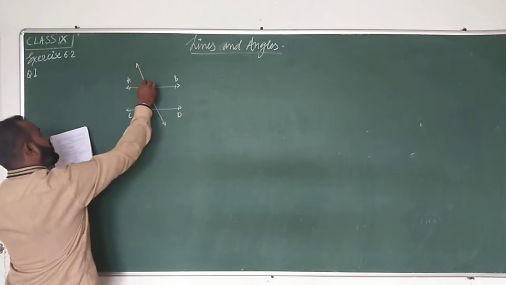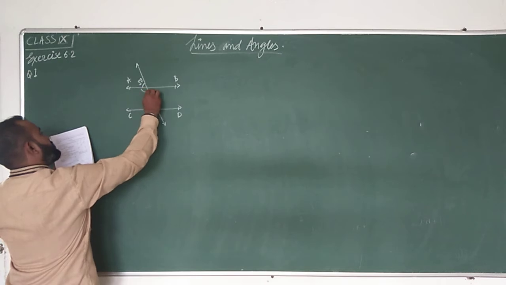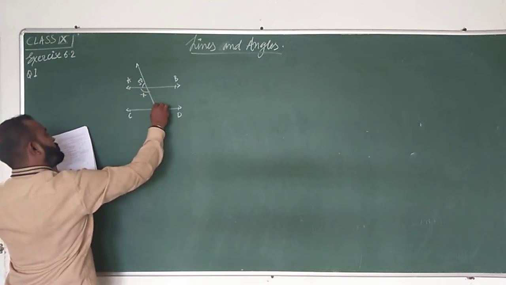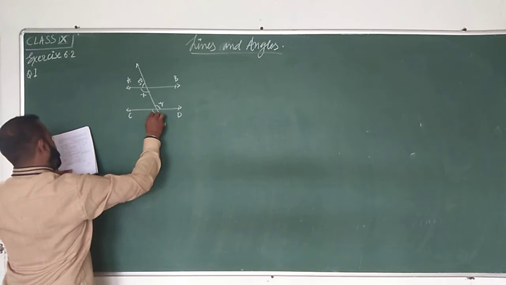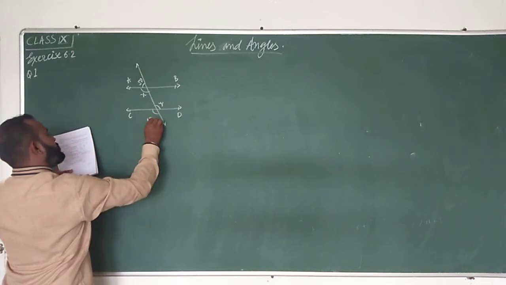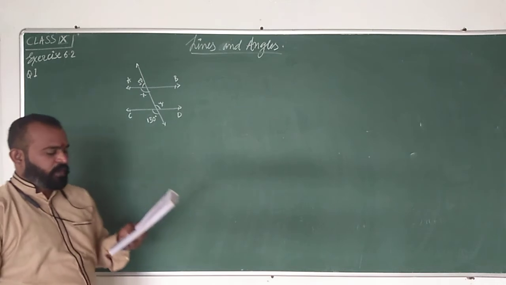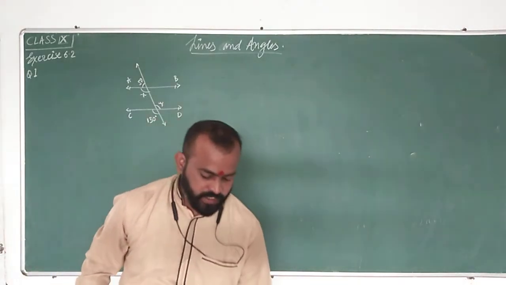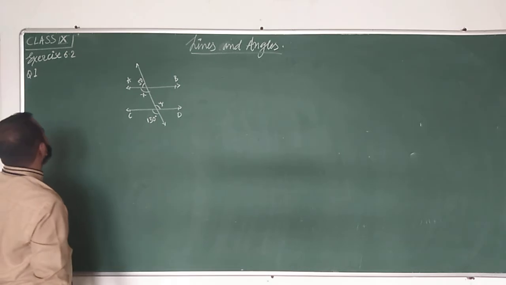It is given that this angle is 50 degrees, this is x, this is y, and this one is 130 degrees. Now what we have to do is find the value of x and y, and then show that AB is parallel to CD.